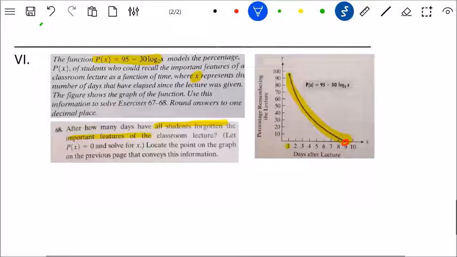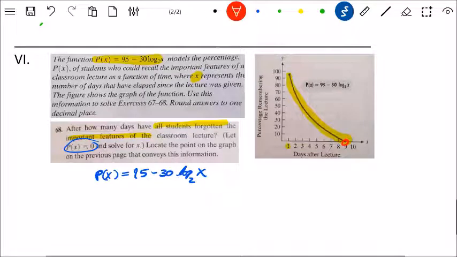So when P of X is equal to 0, that means, well, let's actually do P of X equals 95 minus 30 log base 2 of X. So we're going to put this as 0 equals 95 minus 30 log base 2 of X. Subtract the 95 from both sides.